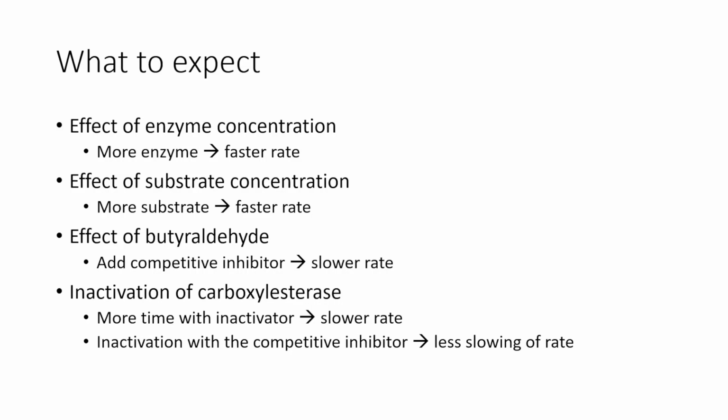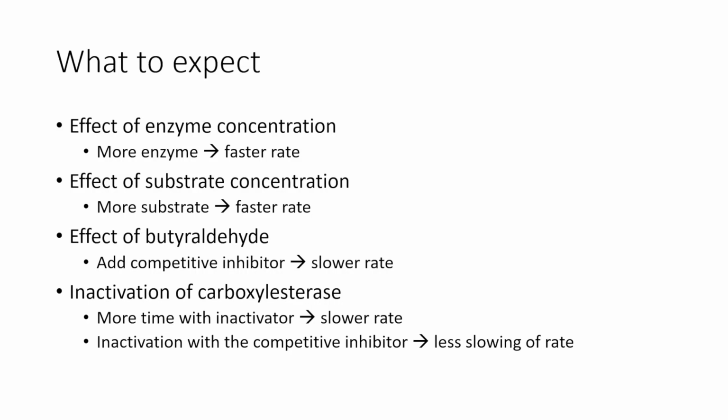Something interesting also that you will be measuring is combining together the inactivator with the competitive inhibitor. So the competitive inhibitor, butyraldehyde, we mentioned how it's competitive with the substrate for access to the active site of the enzyme. It's also competitive with the inactivator.